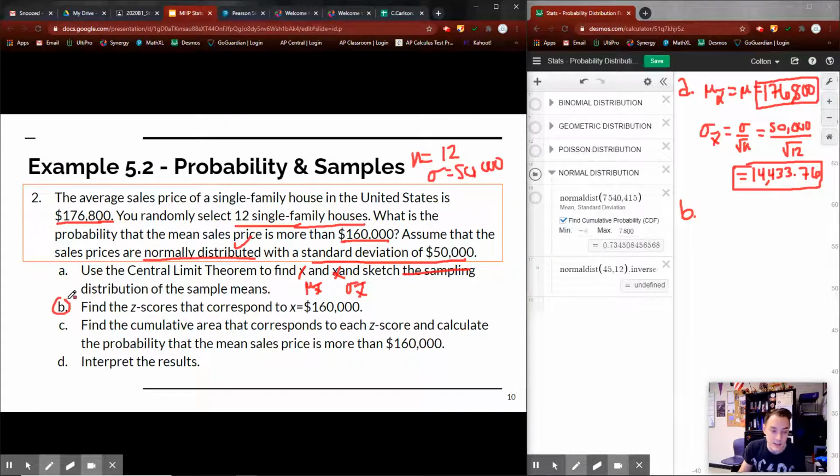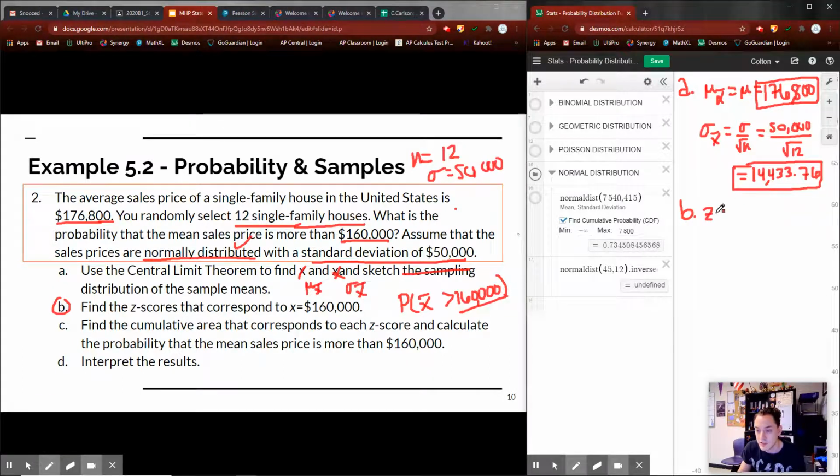So let's now go to B. I want to find the z-scores. Now, since it only says more than 160,000, I'm really interested in the probability of my mean, my x bar, being greater than $160,000, which means I only need to find one z-score.